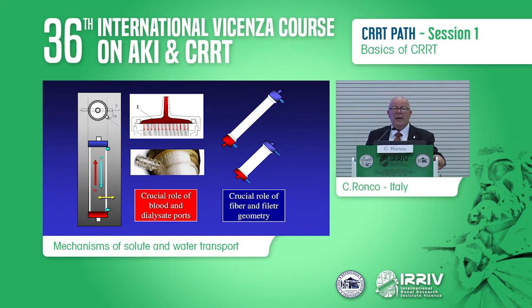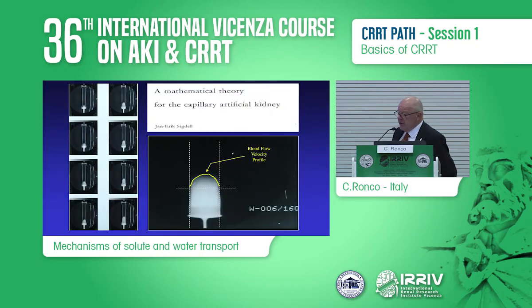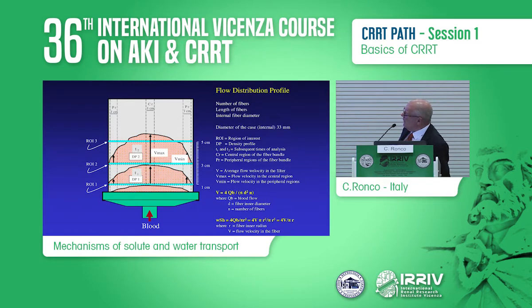That's why we need to have a very nicely distributed flow in the dialyzer, and blood ports are trying to ensure that we do not have a privileged flow in the center of the filter as it was in the past. In the past, we had blood flow entering the filter. At that point, there was a kind of increase in the velocity in the central part of the bundle of the fibers, while in the peripheral part there was very, very slow flow.